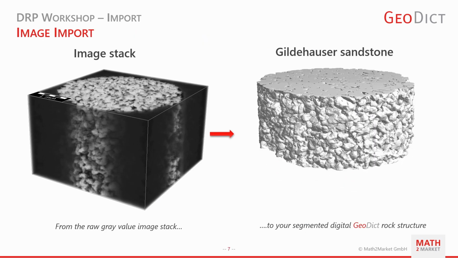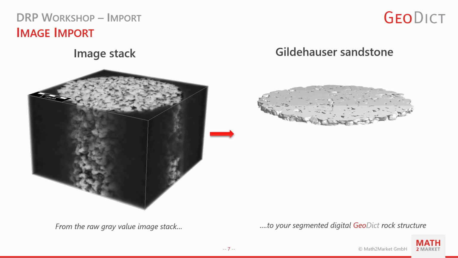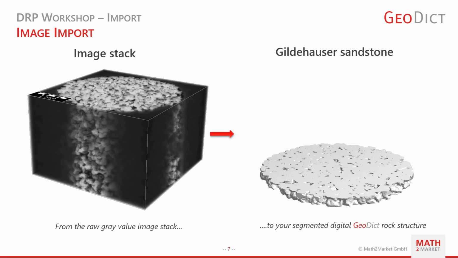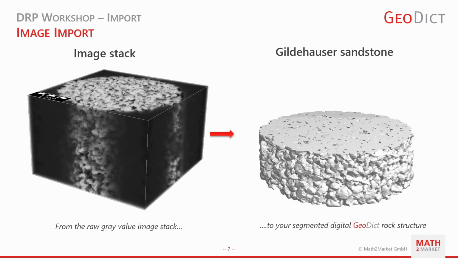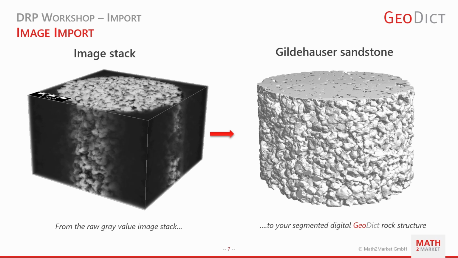In this session, you will learn how to create a multi-phase structure from a stack of gray value images. On this slide, the image stack is on the left side, while the segmented structure is on the right side.